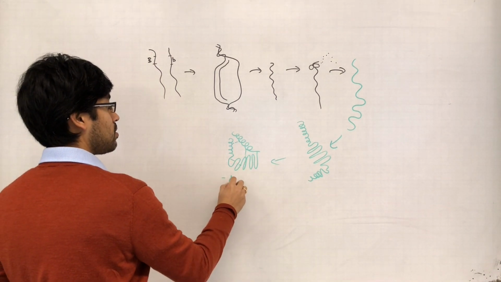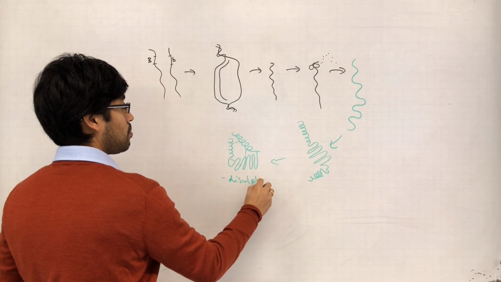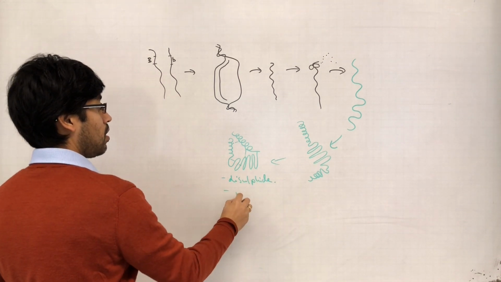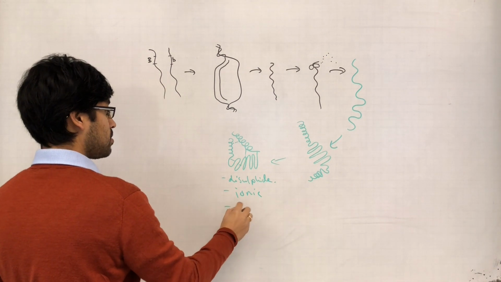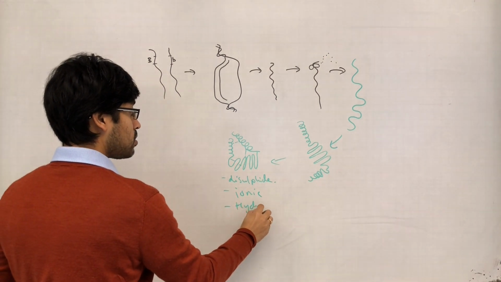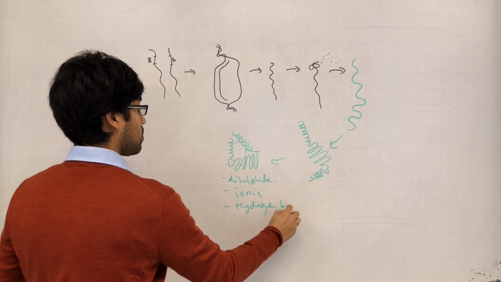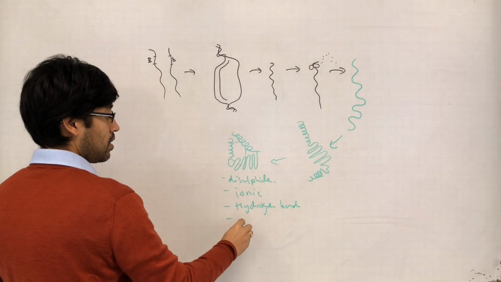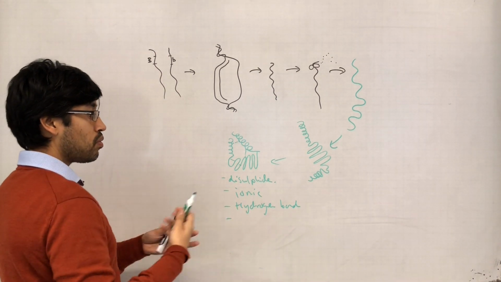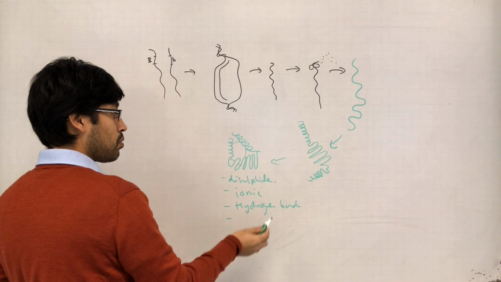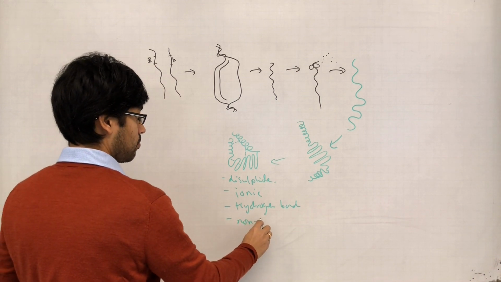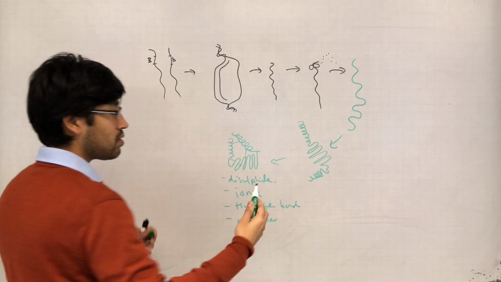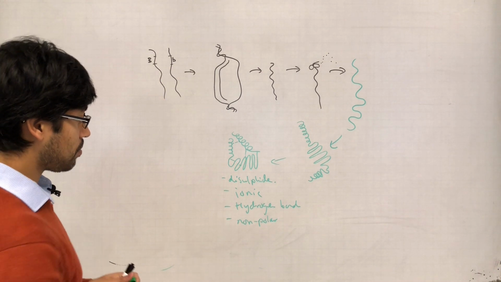So remember, these are disulfide bonds, ionic bonds, hydrogen bonds, and there are also hydrophobic interactions, or non-polar interactions, or Van der Waals forces, whatever you want to call it.